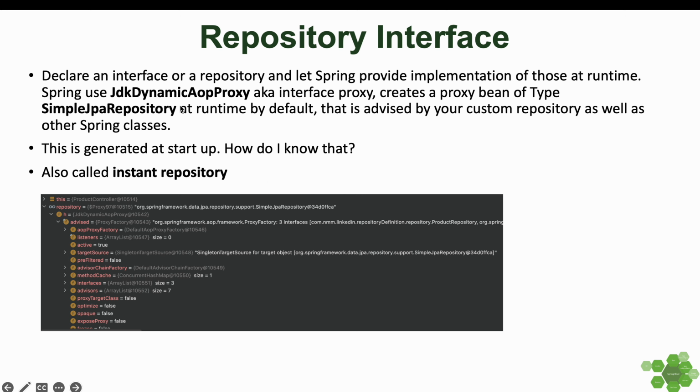So in this case, we have an interface, then it will create a dynamic proxy for you, and Spring uses JdkDynamicAopProxy, also known as interface proxy, and it creates a bean of type SimpleJpaRepository at runtime by default, and this bean is advised by your custom repository and other Spring classes to form that particular bean.